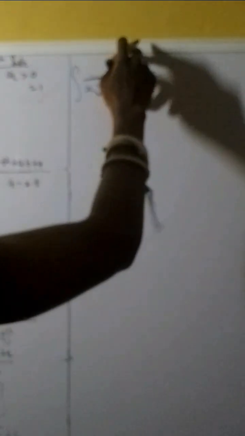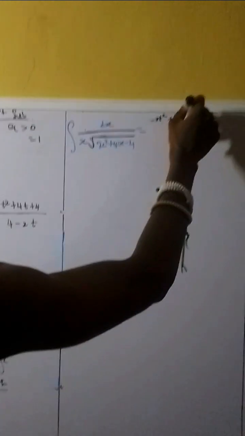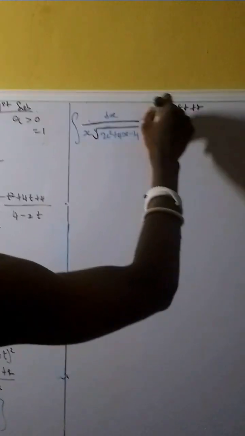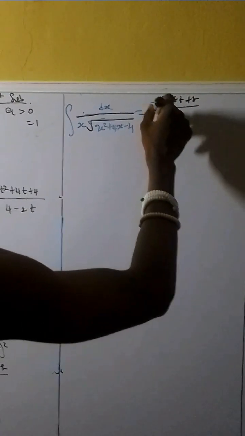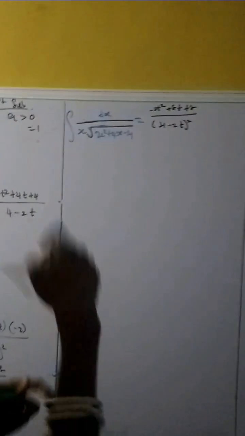So this will be equals to, just like I said, then moving on to this now, this would be giving us our dx as minus 2t squared plus our 8t, then plus our 8, over 4 minus 2t, then square.